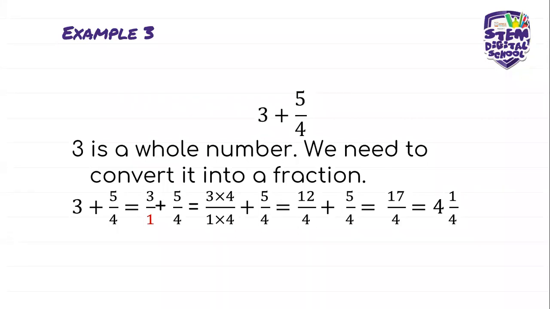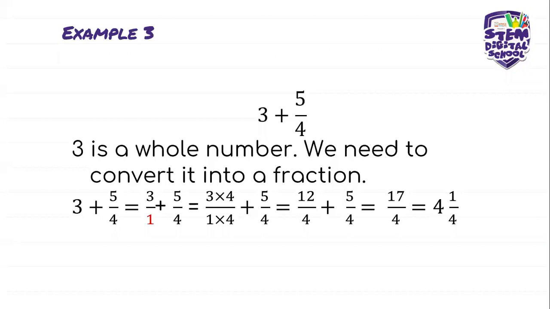So in other words, you will now multiply the denominator there, which is 1, by 4. And then whatever you do to the bottom, you also do to the top. Then you also multiply 3 by 4, so that the denominator can be 4.